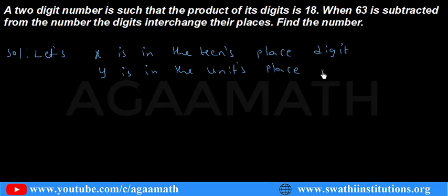So x is a tens place digit and y is a units place digit.